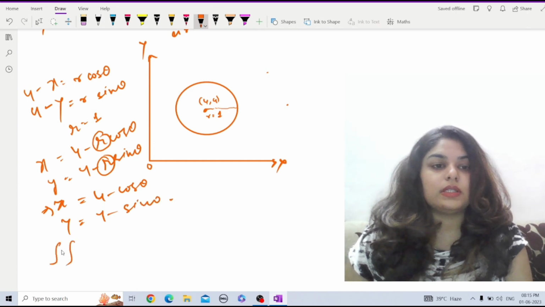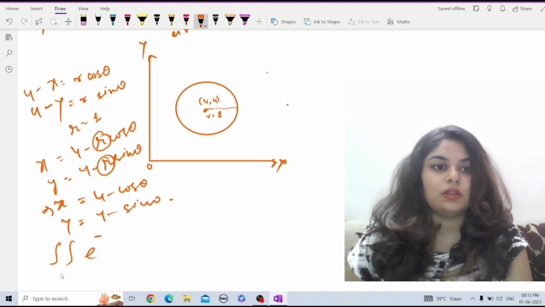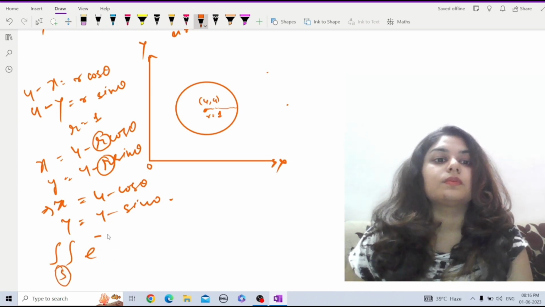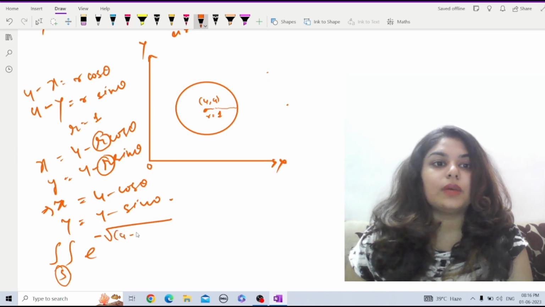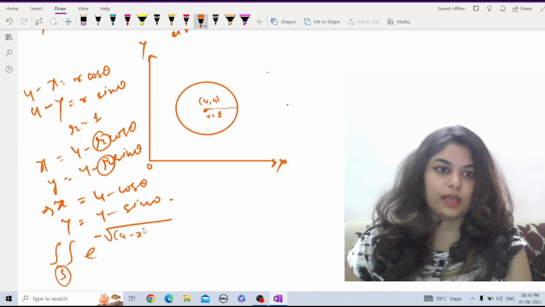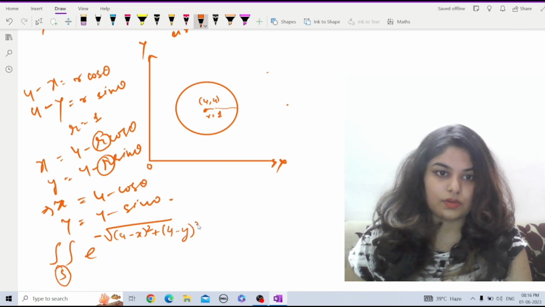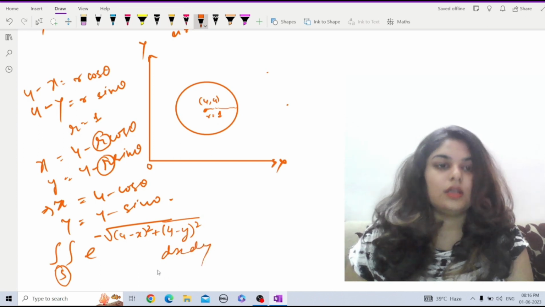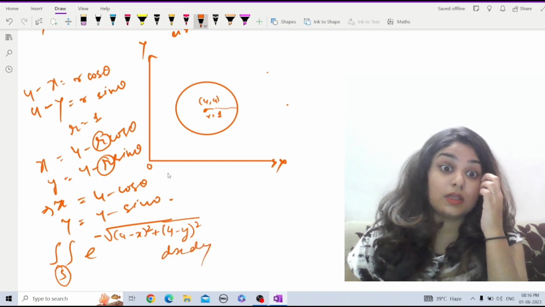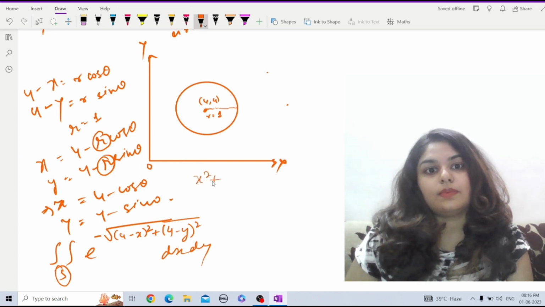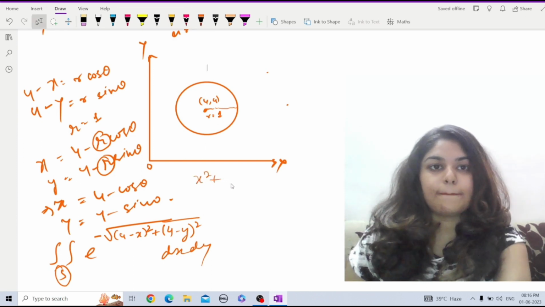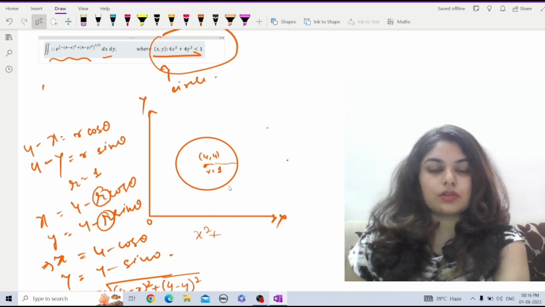Now here we have the integral, so e to the power, what is the equation given? This is over the range of the circle, e to the power minus root of (4 minus x) whole square plus (4 minus y) whole square, dx dy. Now here the equation of the circle is x square plus 4x square plus 4r square.